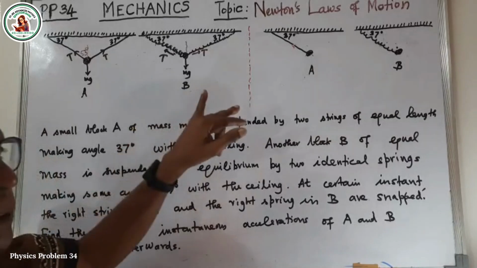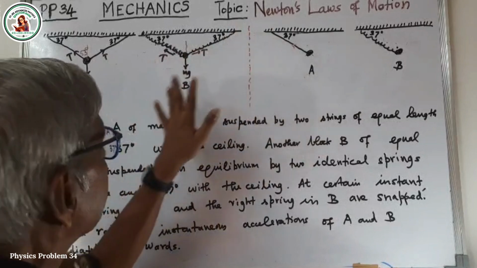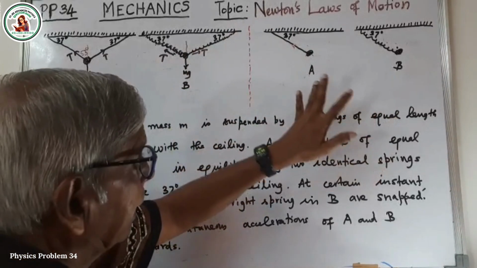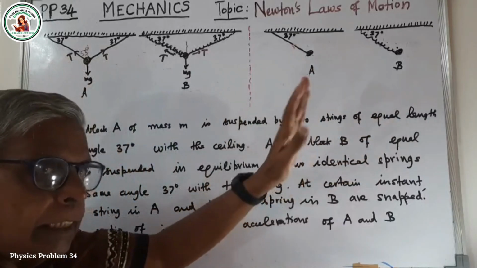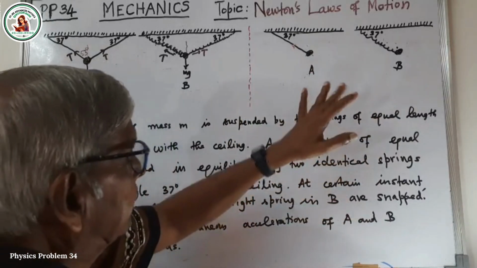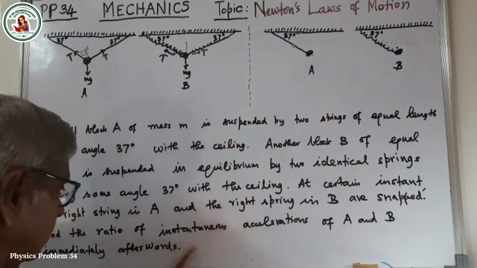So equilibrium is disturbed, and both A and B will start moving with two different accelerations. The reason I will tell you as we proceed. The ratio of the two accelerations is what we want.